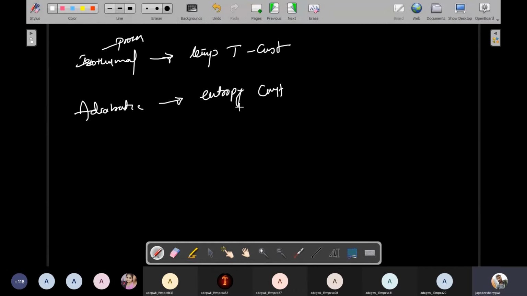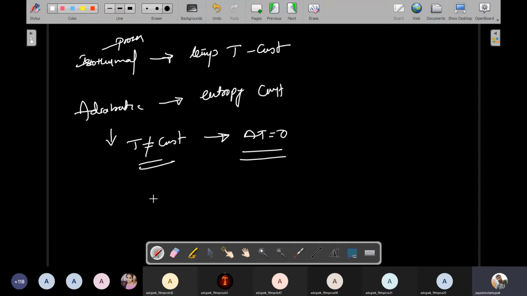Why am I saying that entropy is constant? Because here temperature is never constant. Temperature is not constant, so the change in temperature delta is always equal to 0. If you differentiate this temperature, it is converted into a changing temperature, and this changing temperature is 0.